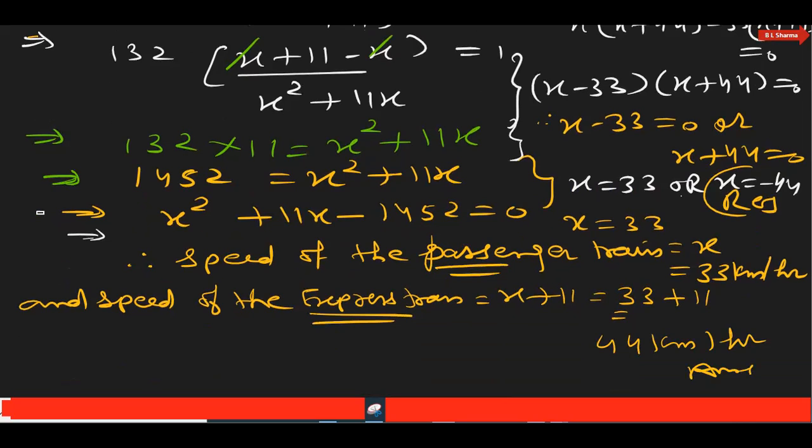That's all for this question. स्पीड पैसेंजर ट्रेन का 33 किलोमीटर पर आवर होगा, और एक्सप्रेस ट्रेन का जो स्पीड है दैट इज 44 किलोमीटर पर आवर.